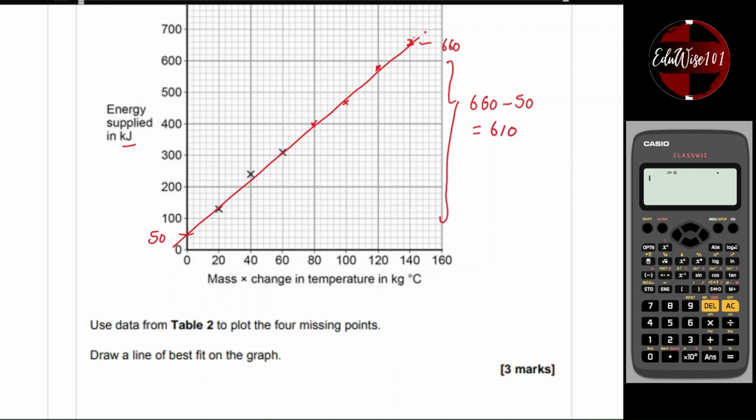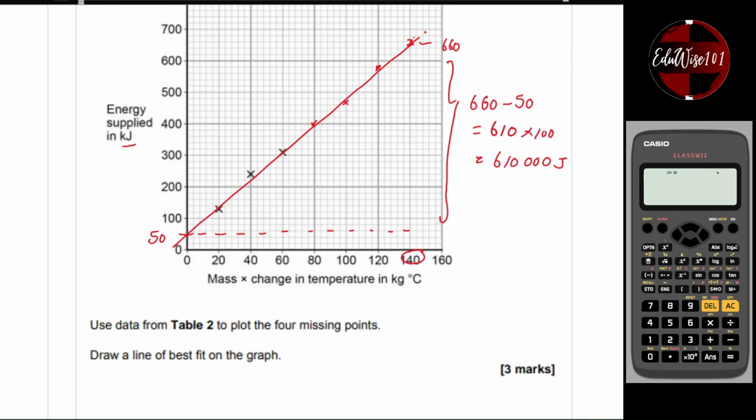Remember, this is in kilojoules. So if I multiply that by 1,000, that will give me 610,000 joules. Now the x value is going to be up to 140.